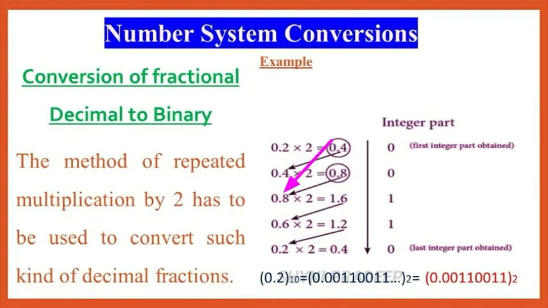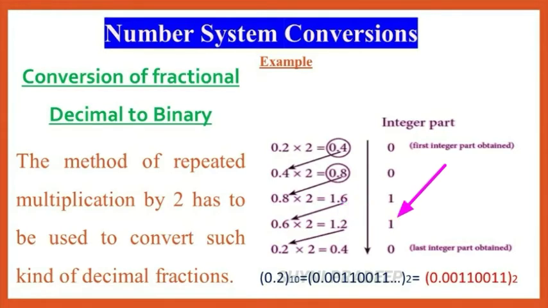0.8 into 2 is equal to 1.6. Here take the integer part and leave that integer part in the next step. So 0.6, take only the fractional part in the next step. So 0.6 into 2 is equal to 1.2.